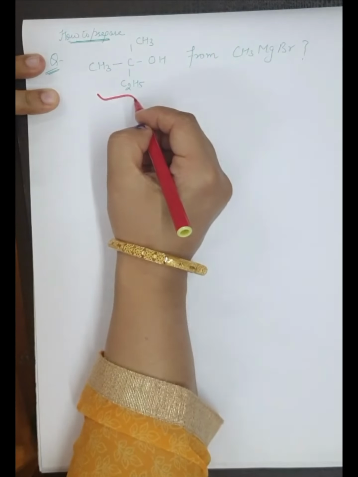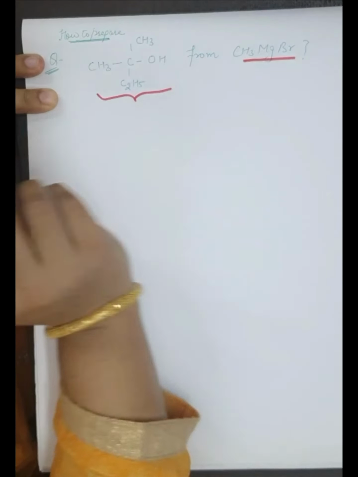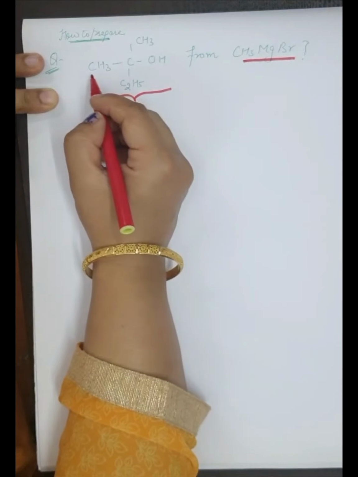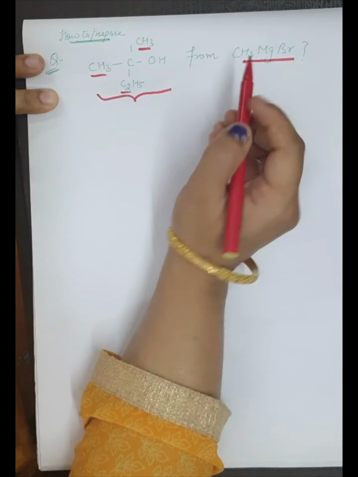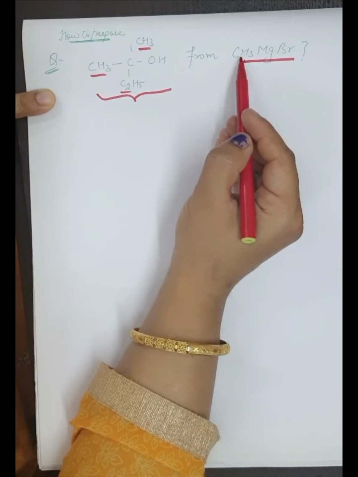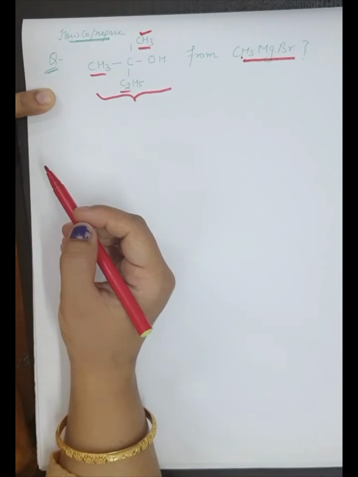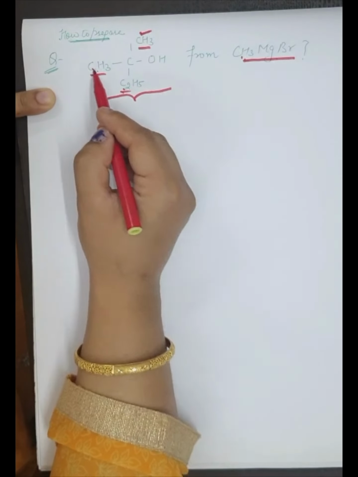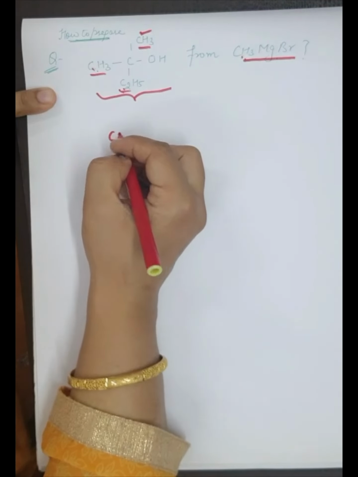Now solving one question. This is tertiary alcohol. How to prepare this alcohol from the methyl magnesium bromide? As we know, there are 3 alkyl groups, and 1 alkyl group comes from the Grignard reagent and 2 other alkyl groups come from the ketone. There is CH3 group in the methyl magnesium bromide and there is 1 CH3 group in the product. But these two other groups will come from the ketone.